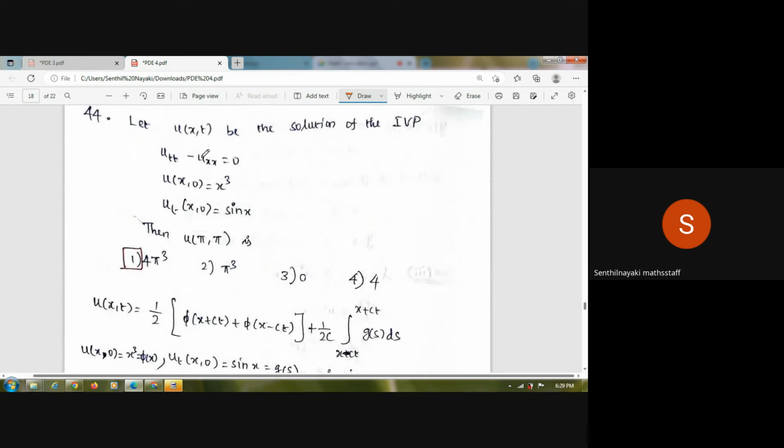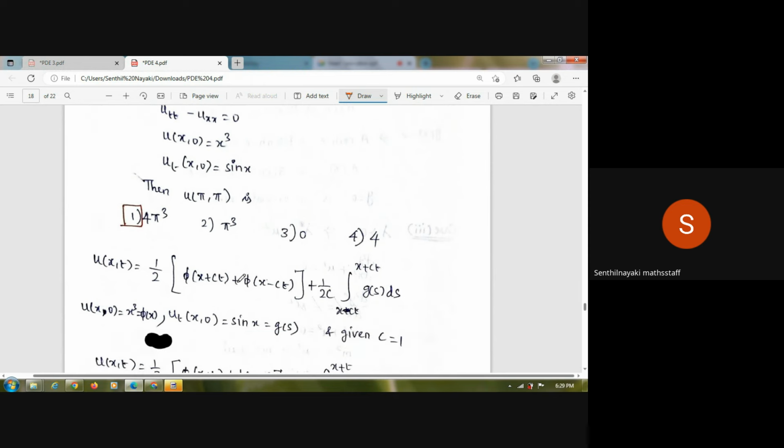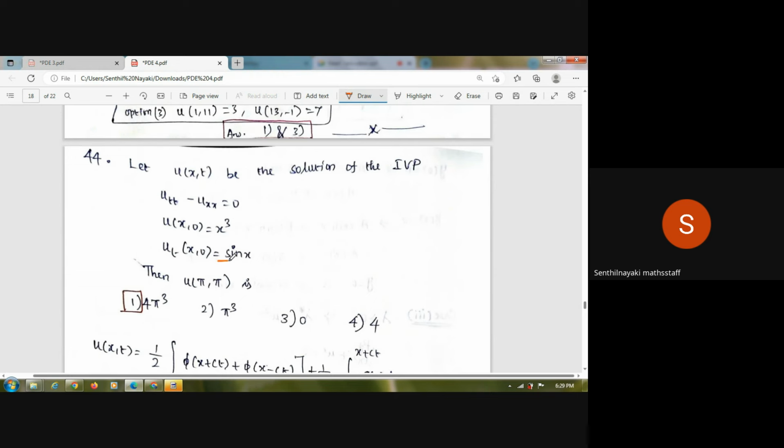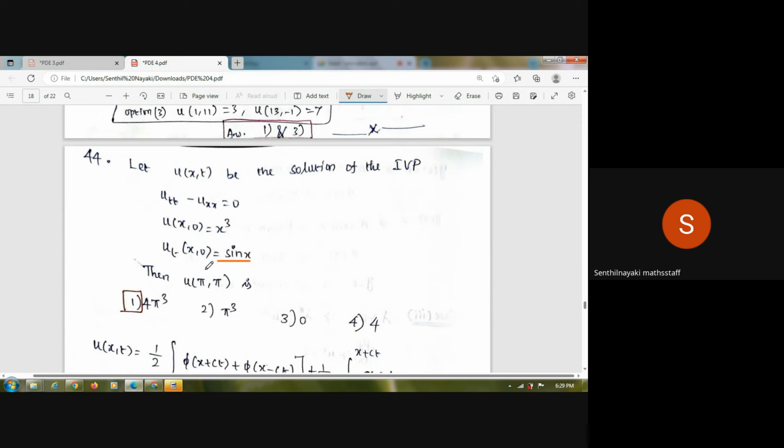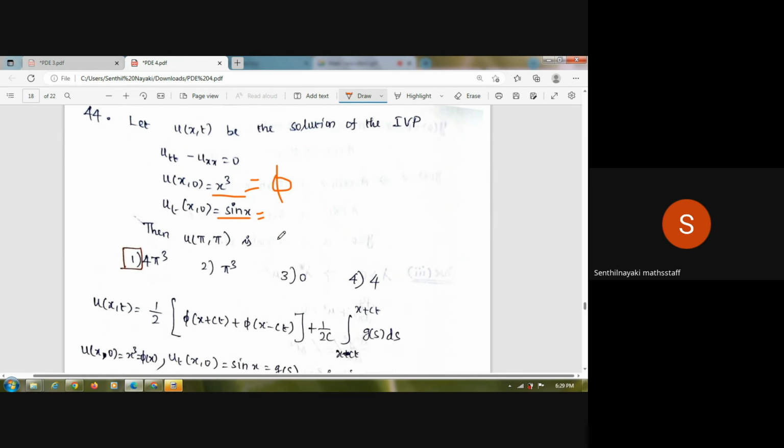Similarly, we are going to discuss the solution procedure of the wave equation with the help of the D'Alembert solution. Here f of x equals sin x, and both terms exist. So this is phi and this is g, and the c value is 1.